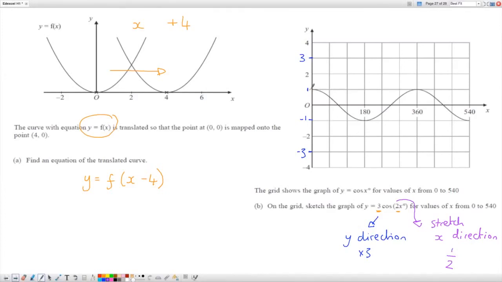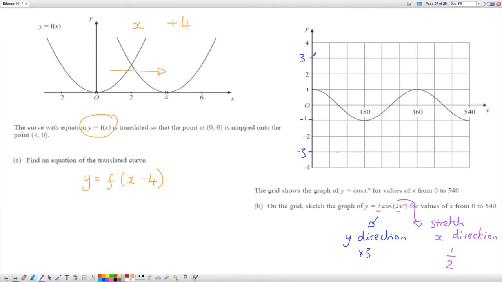If we look here, from this point we go down to 180. No longer are we going to go to 180, we're going to be going to half of that, which will be 90 across. So actually, we're going to be coming down to minus 3 at the 90.